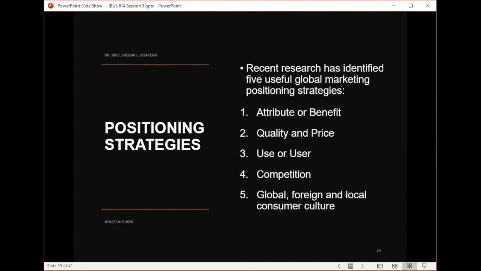And these include positioning based on attribute or benefit, positioning based on quality and price, positioning based on the use or user, positioning based on competition, and then positioning based on global, foreign, and local consumer culture. And we will take up each of these one after the other.